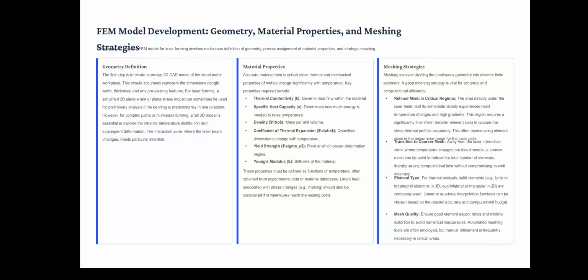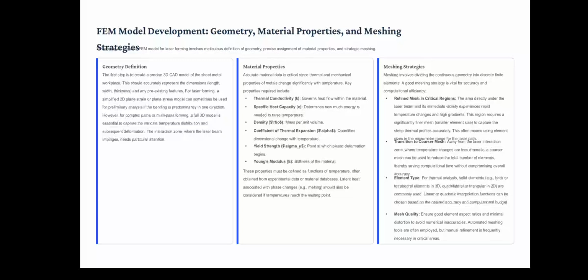FEM model development: geometry, material properties, and meshing strategies. The FEM model for laser forming involves meticulous definition of geometry, precise assignment of material properties, and strategic meshing. Geometry definition: the first step is to create a precise 3D CAD model of the sheet metal workpiece.